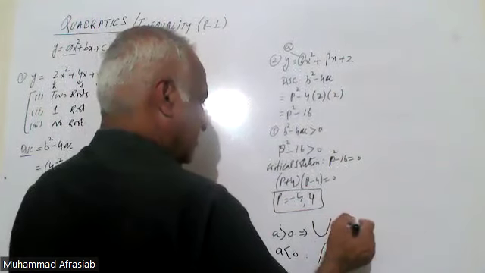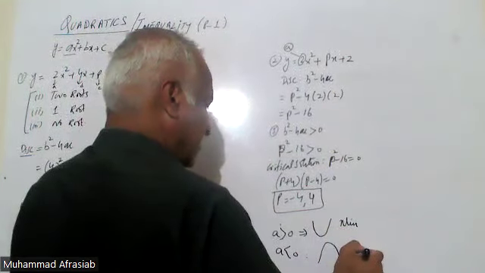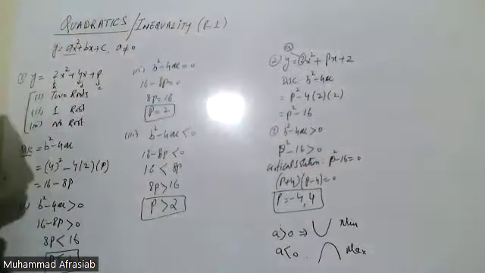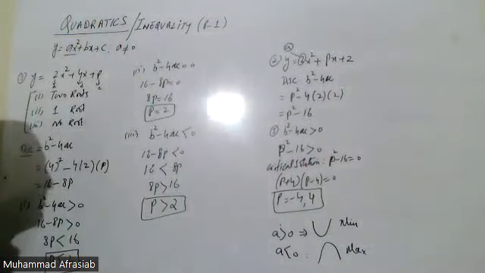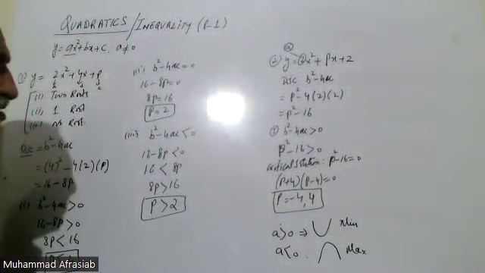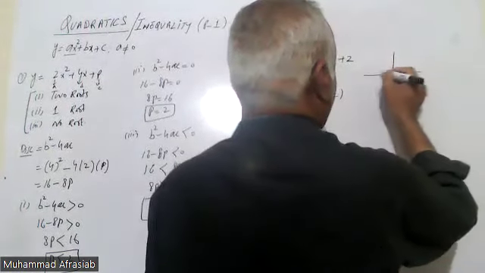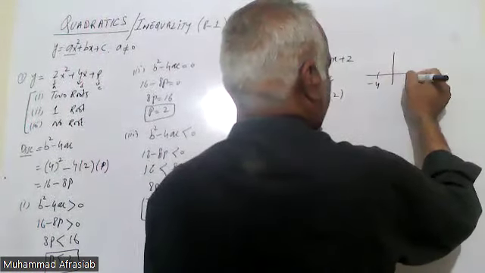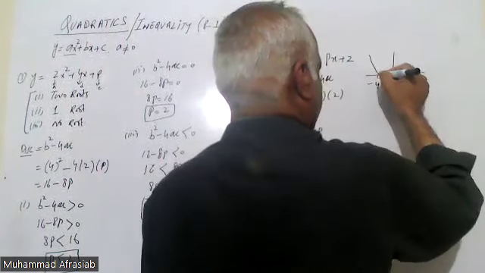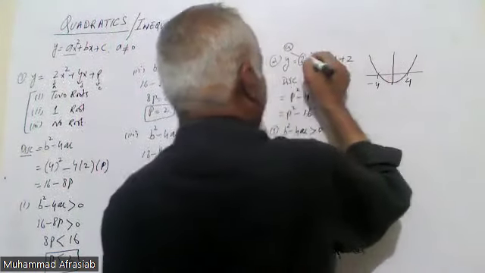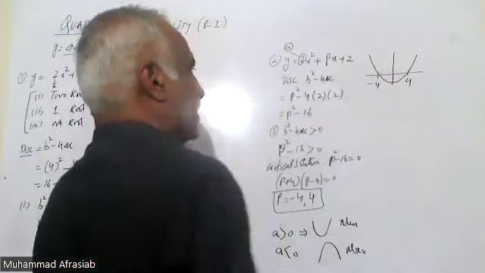So this is minima and this is maxima. So for this b squared minus 4ac, with the roots minus 4 and 4, the x squared coefficient is positive, so it should be a minima.